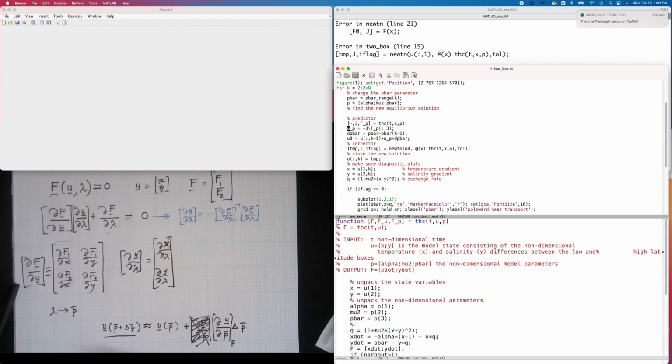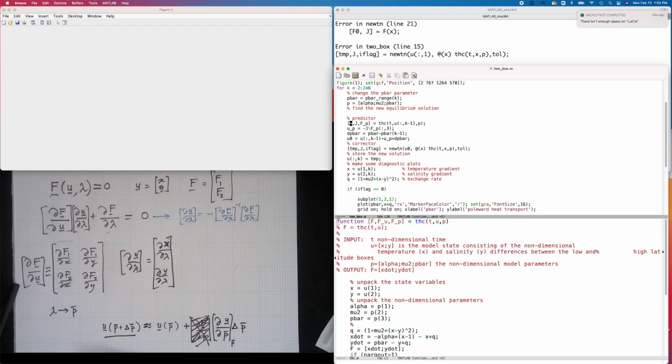Okay, so I need to call my THC function so that I can get out the f sub p. Now I already had j from the last iteration, but I will recompute it. Now what I called x here should be the previous solution, so this should be u of colon, k minus 1. Alright, so I call my function.